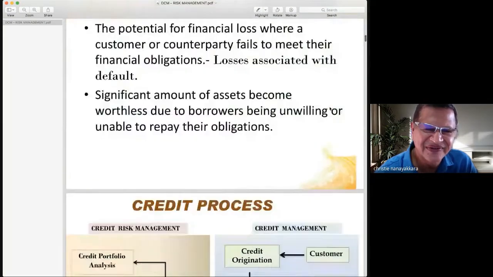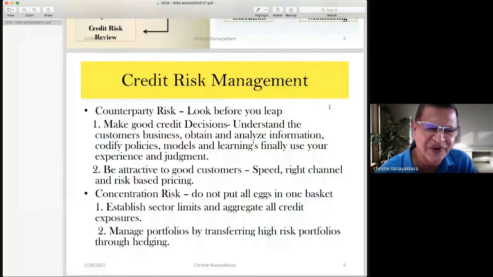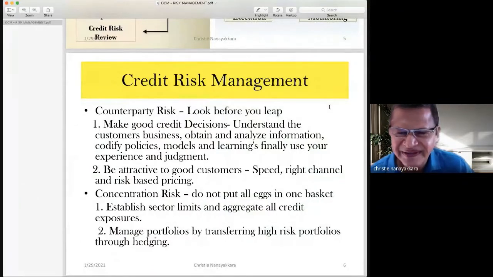We also divided credit risk into two areas: counterparty risk and concentration risk. Counterparty risk is when you give loans and advances to your customers and they default, so you have a position of NPA arising from counterparty risk.